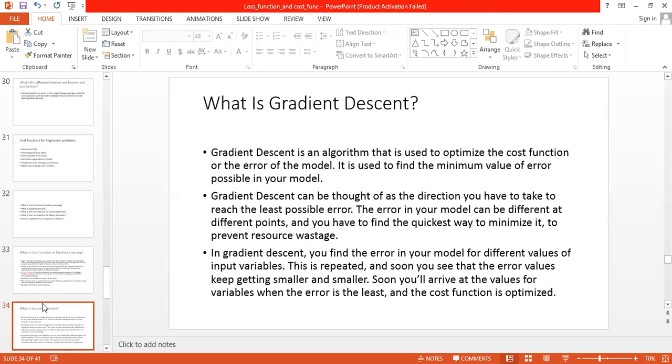It gives the direction in which, suppose there is a hill and you want to go to the bottom of the hill, what you will do is take the steepest side and then move in that direction. Okay, so the same thing is done by gradient descent also.